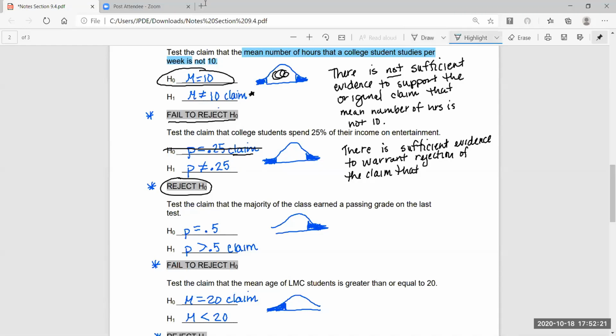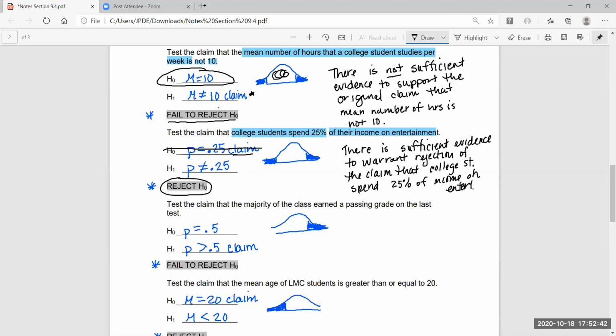Again, we go back here. College students spend 25% of their, okay? I'll paraphrase. College students spend 25% of income on entertainment.